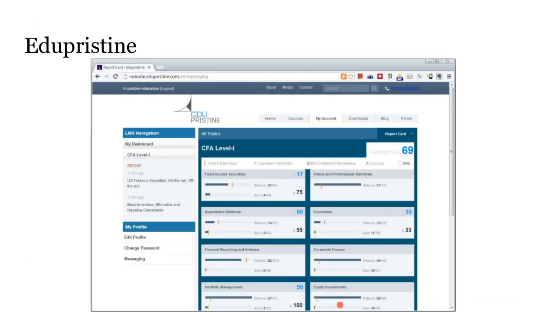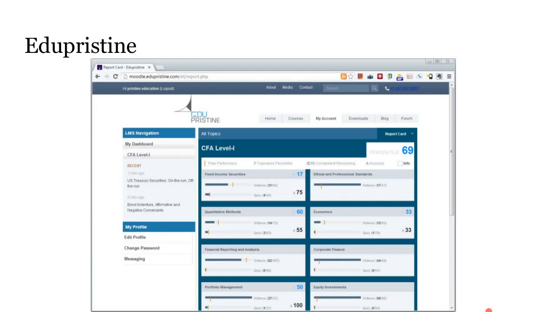Another example of a cool company is EduPristine, which just made the news recently by taking a huge investment from DeVry Education, which is a large for-profit institution of higher ed in the US. They provide not credit courses or anything like that, but certificate training programs for financial analysts, which is a pretty niche business, but it's huge in the Asian economy right now and growing.